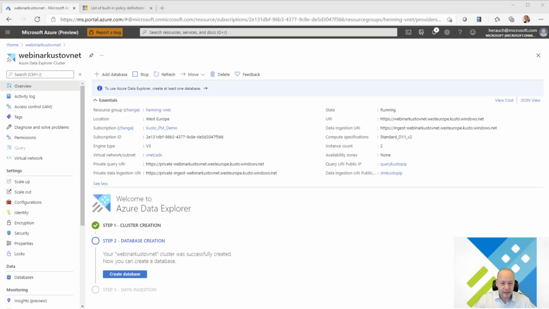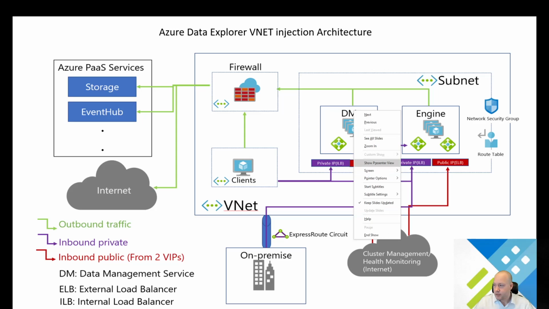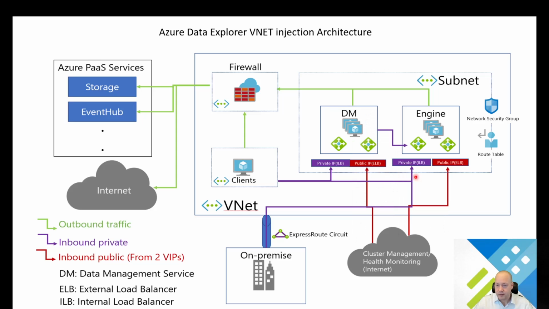Okay, let's recap what we just did. And therefore I've chosen to use this kind of drawing here. So we used a virtual network, which is this one, which was called VNet. Inside of that VNet, we used a subnet, which is this one.